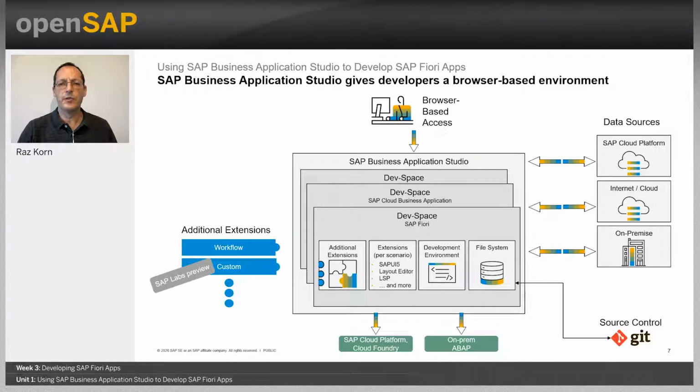The development environment is an IDE based on an open source. The dev space includes all tools required for a specific scenario as pre-packaged extensions, and if additional capabilities are required, there is the option to customize the dev space by adding additional extensions. Various data sources can be used on-premise or in the cloud, SAP or non-SAP.